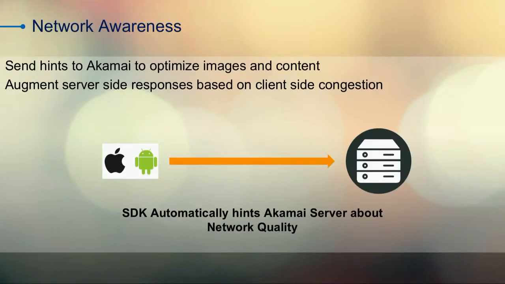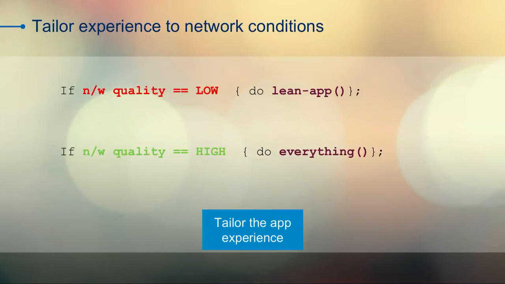So on the network awareness side, if the SDK can hint back to either Akamai or to Origin on what the network conditions are, we can tailor the app experience. Your developer, for instance, if he notices a low latency, can immediately change the app experience to do the lean app.